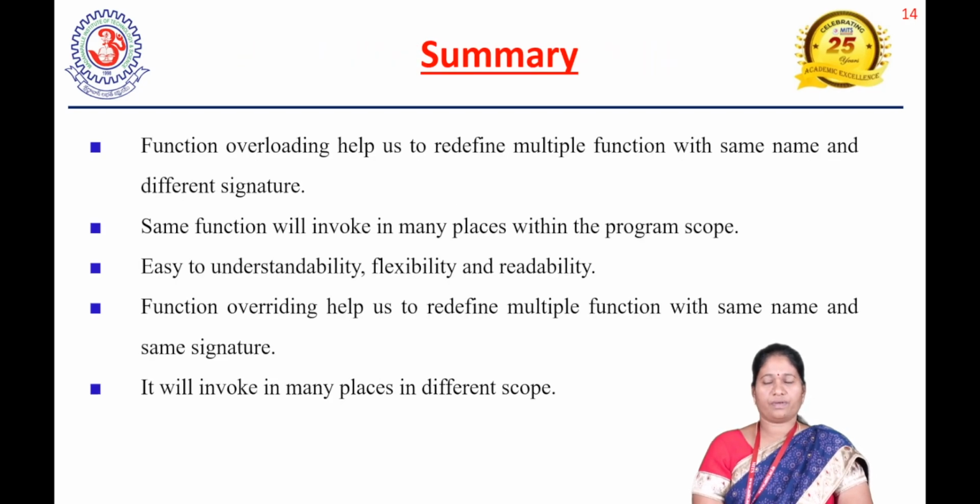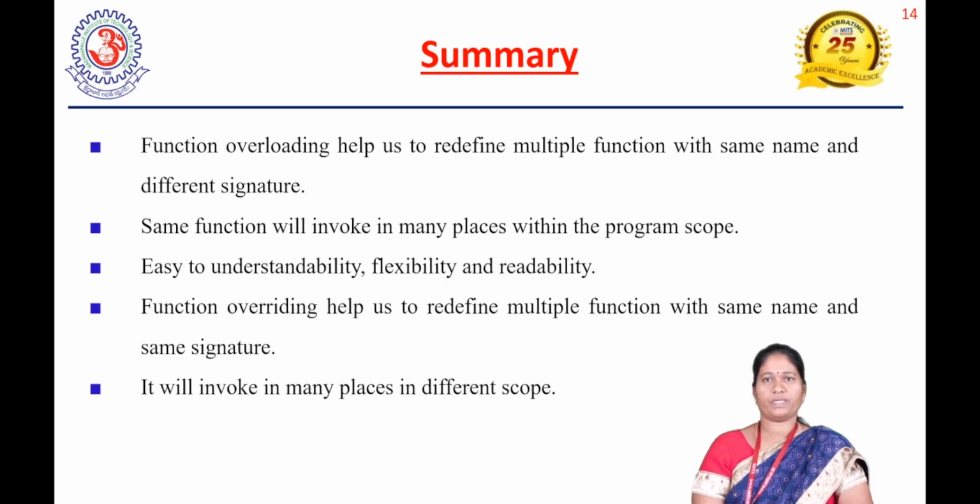Okay, I will explain an overall summary. What is function overloading and function overriding? Function overloading helps to redefine multiple functions with the same name, I told you, with different signatures: types of arguments and number of arguments. The same function name can be used in many places within the programming scope.